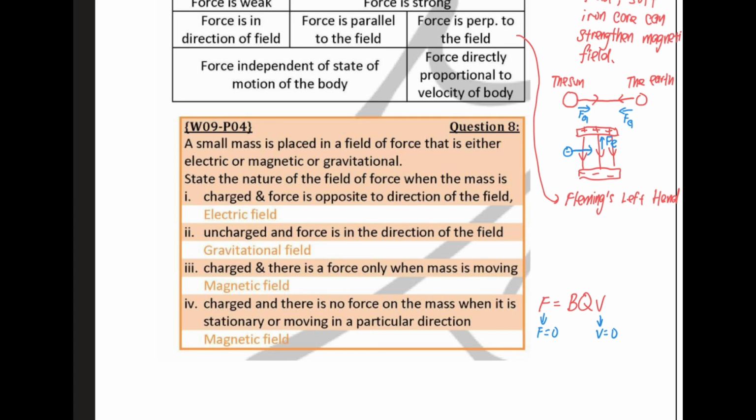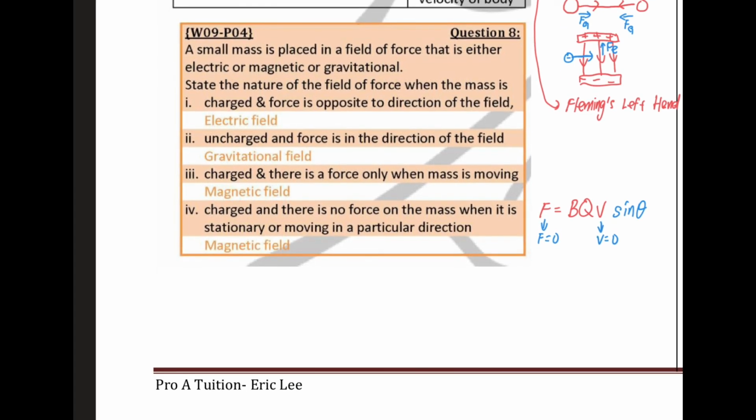So the formula is like this: F equal to BQV sine theta. Sine theta is for a more general situation. So when they are moving in a particular direction, like 0 degree, something like this. This is the North Pole. This is the South Pole. So the magnetic field is like this, and the charged particle is moving in this particular way.